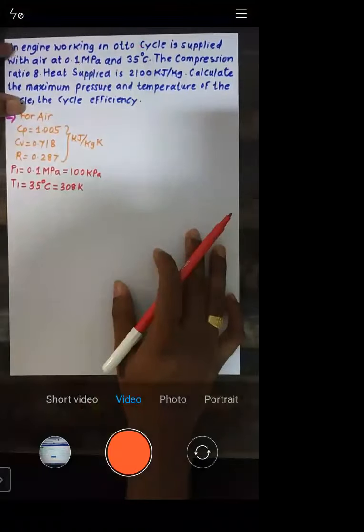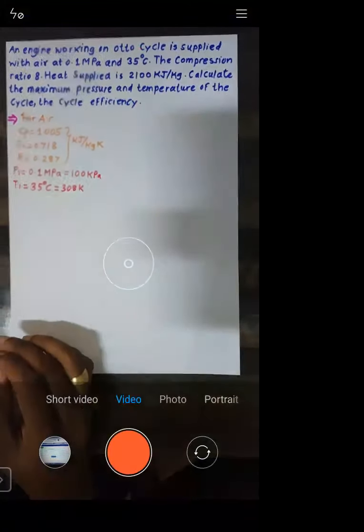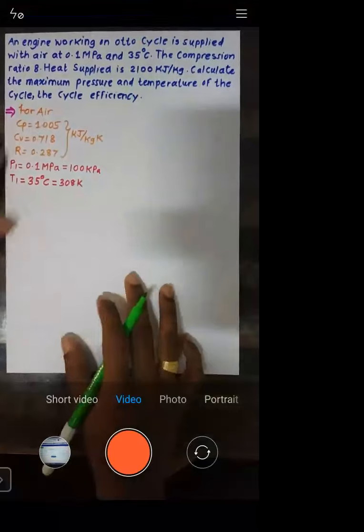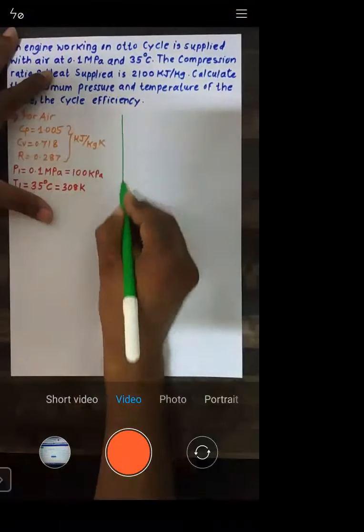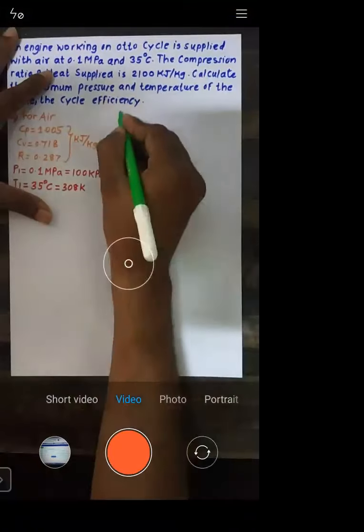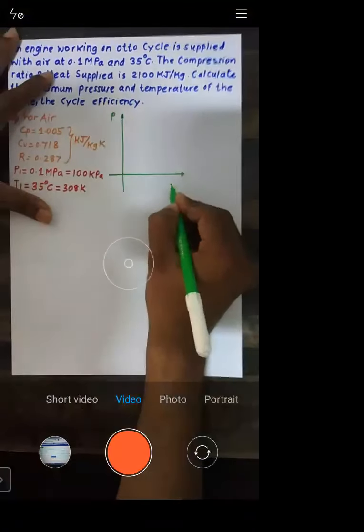Now it's very necessary to plot the PV diagram, at least the PV diagram; it is expected. So I will draw here: this is the pressure scale, this is the volume scale.